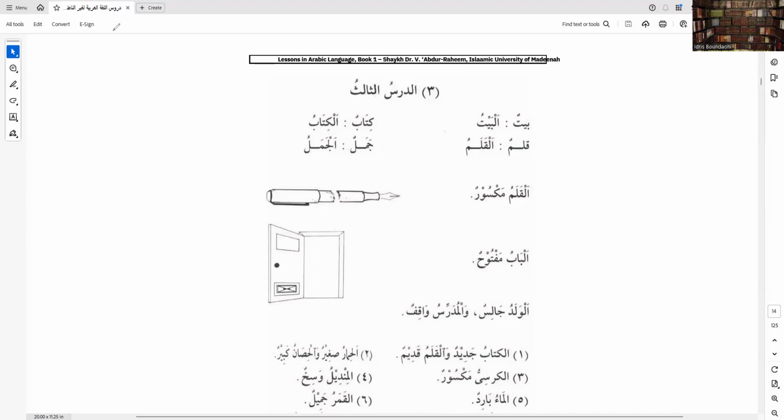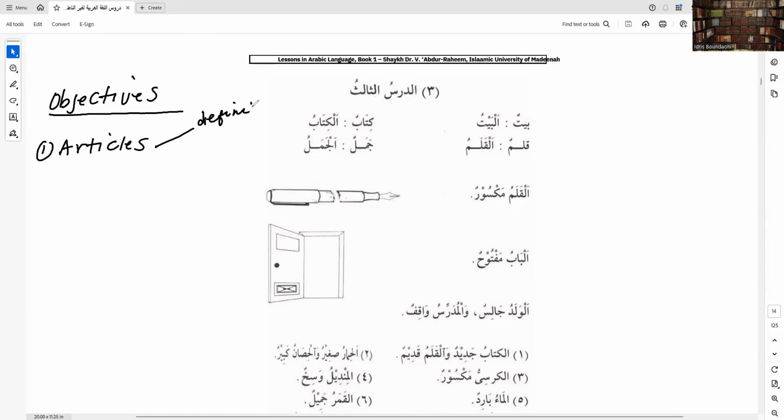What are we going to learn today? What are our lesson objectives? Let's look at the objectives here. We are going to deal with articles in this lesson. When we say articles, we know we have definite article and indefinite article.